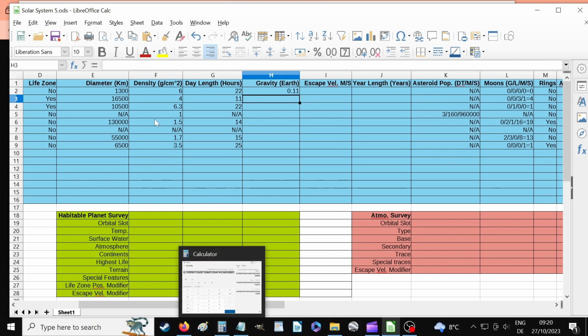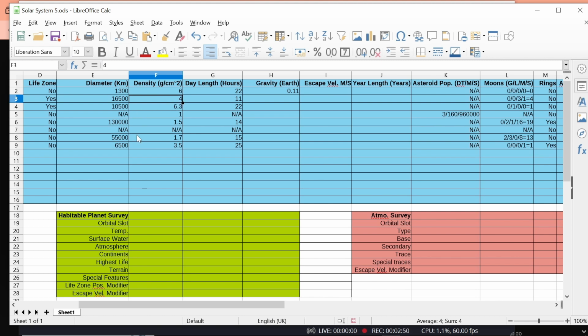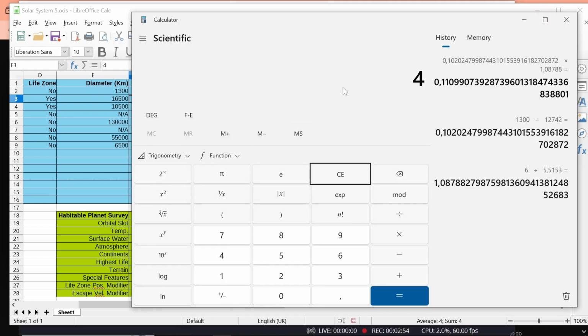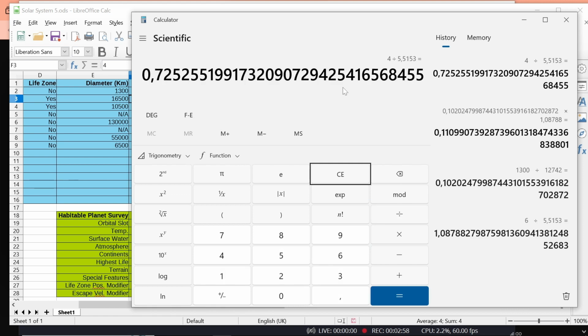Start with the density, 4. 4 divided by 5.5153 is 0.725. It will be saved over here.